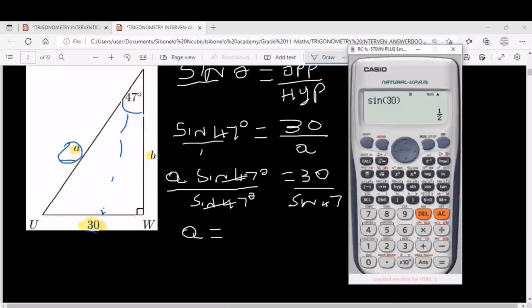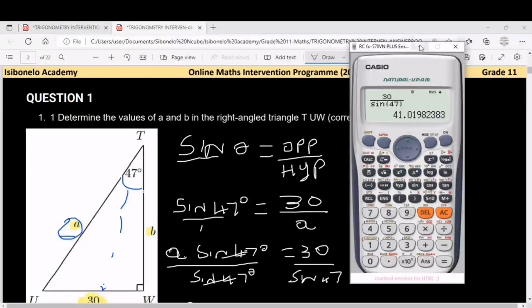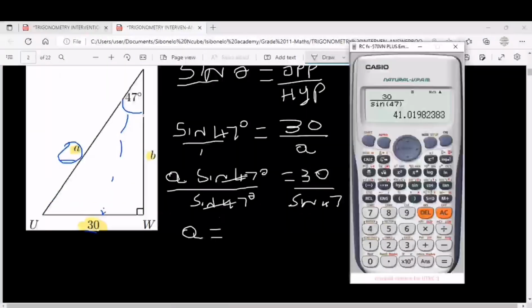Let me open my calculator as well. 30 over sine 47 gives 41,01. Now you can try too. Round to 1 decimal, so we take 1 digit after the comma.